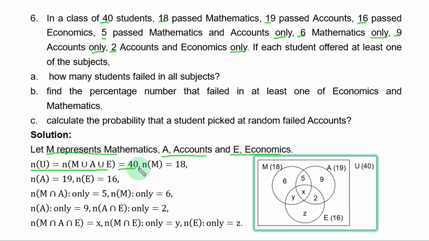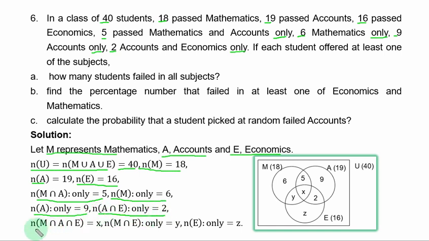Those that passed mathematics, 18. Those that passed accounts, 19. Economics, 16. Mathematics and accounts only, 5. Mathematics only, 6. Accounts only, 9. Accounts and economics only, 2.